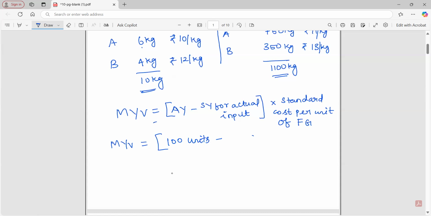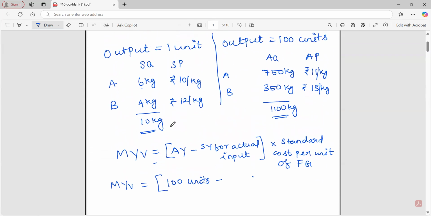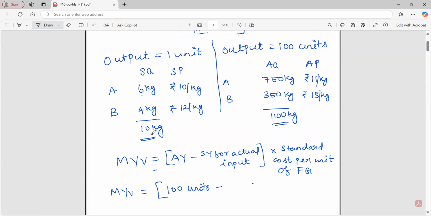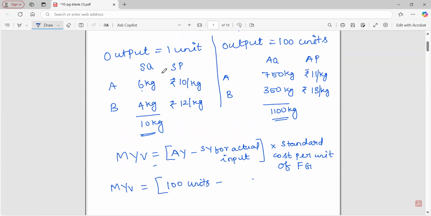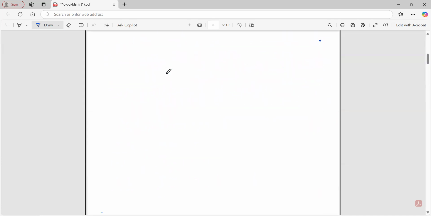Now let's understand what the standard yield for actual input is and let's see how to calculate it. So here in my standard, I expected to use 10 kg of raw material to produce 1 unit of finished goods, right? So this 10 kg is nothing but my input. This 1 unit of finished goods is nothing but my output. So let me write it over here.